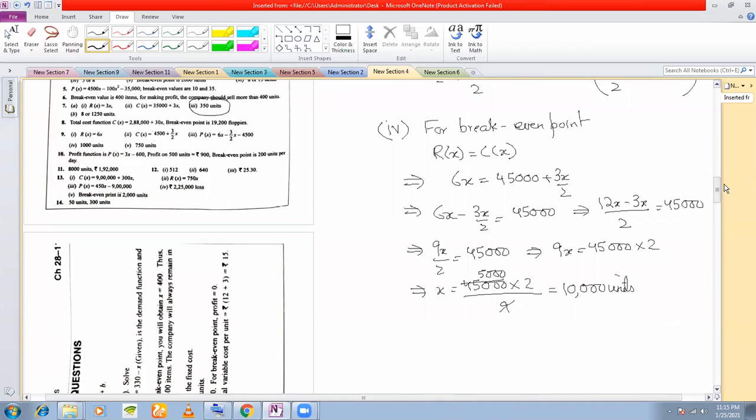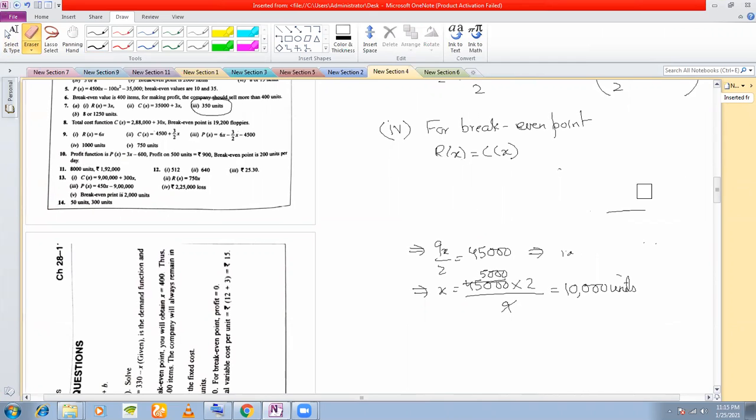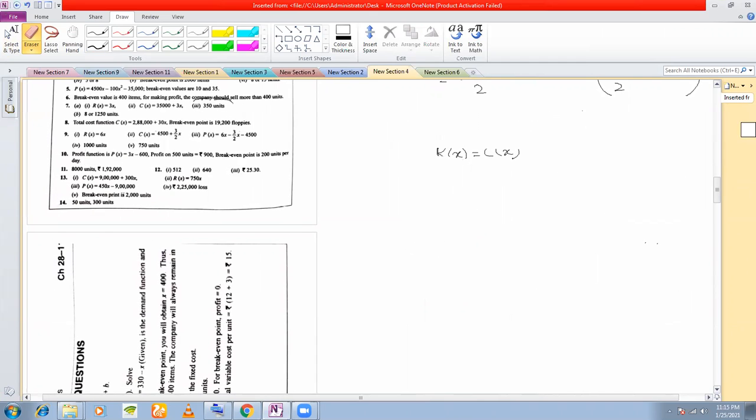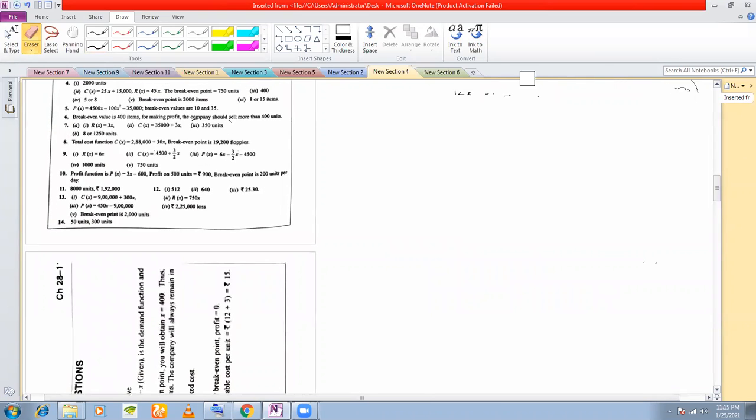So this is your second last problem, and the last problem is number 13. All the other problems you can do on your own. Not a big deal. Easy chapter, isn't it? All problems will be based on these only, not anything else.